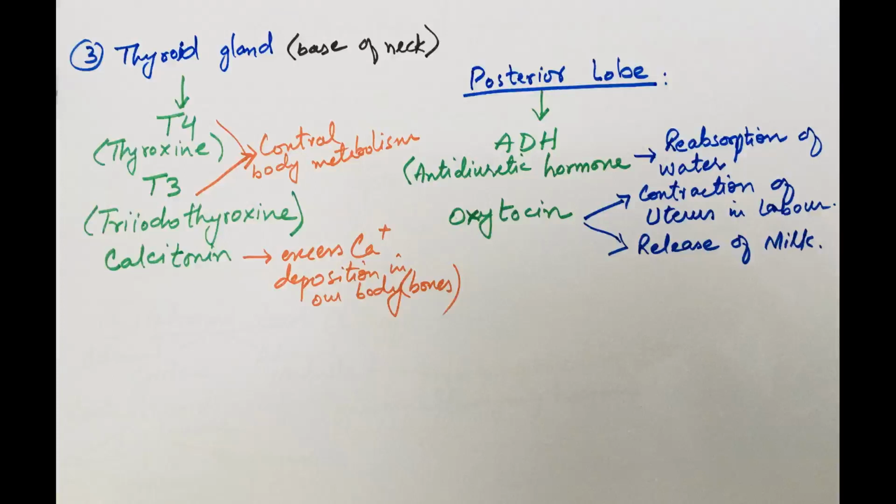Oxytocin also starts the release of milk. Remember that for the production of milk from the mammary gland there is prolactin, while oxytocin is responsible for the release of the milk from the mammary glands, right? Okay, here the pituitary gland is complete now.